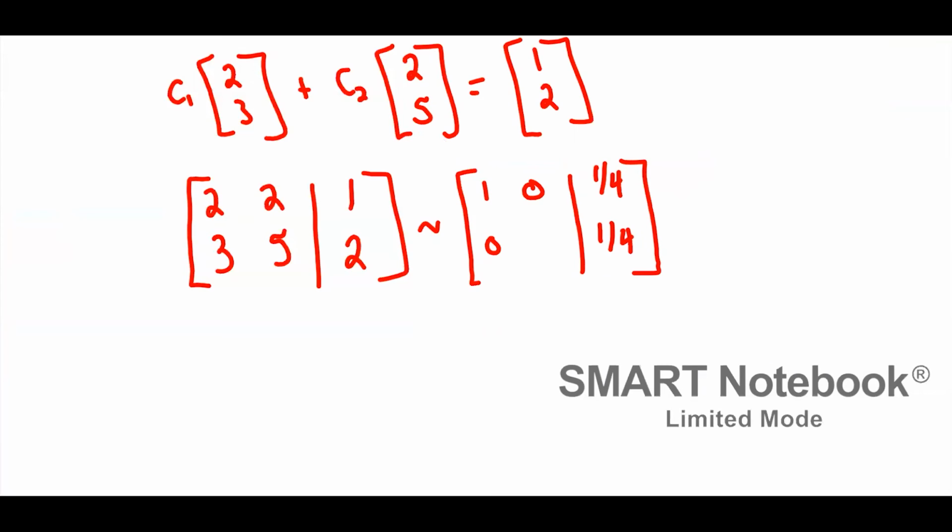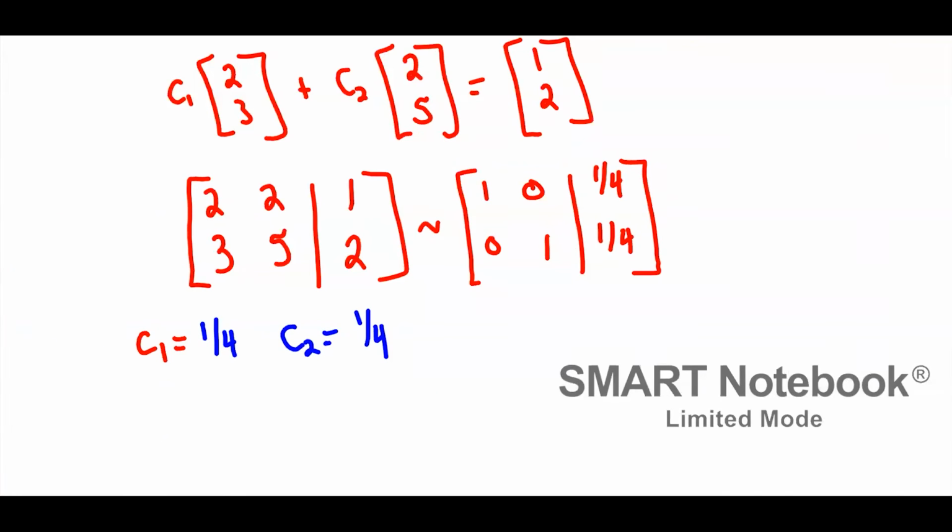That is a 1. So we get C1. I'll change that to blue. C1 is 1/4. There we go. And C2 is 1/4.